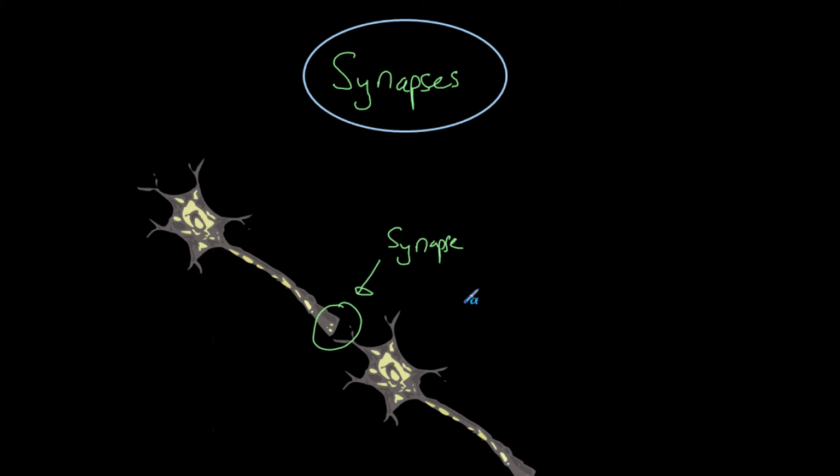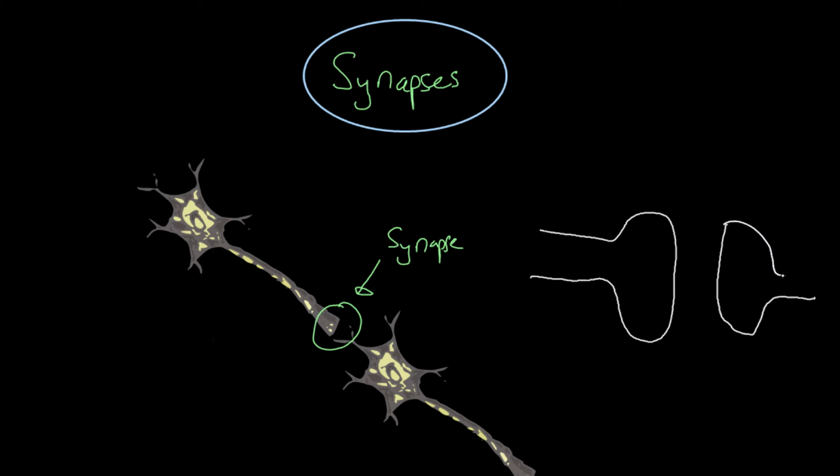But let's take a look in slightly more detail. If we zoomed in, you would have a synapse which looks like this. So here's the junction. You have the neuron ending here, and then the next neuron beginning here, and what's important is that we have a gap in between.